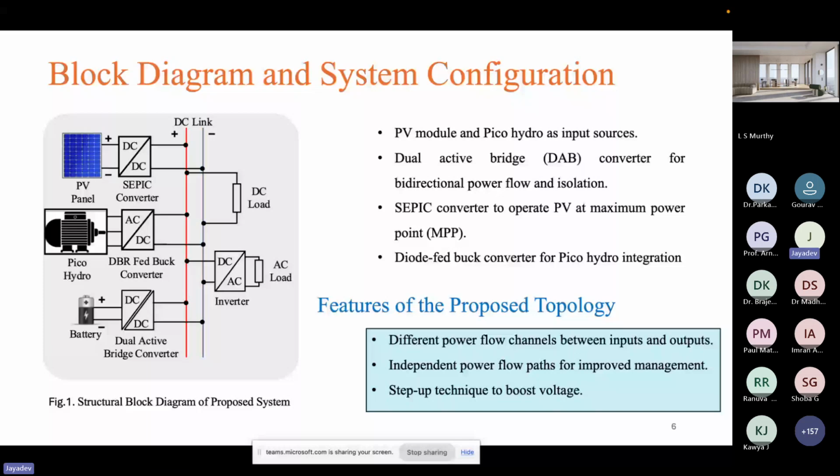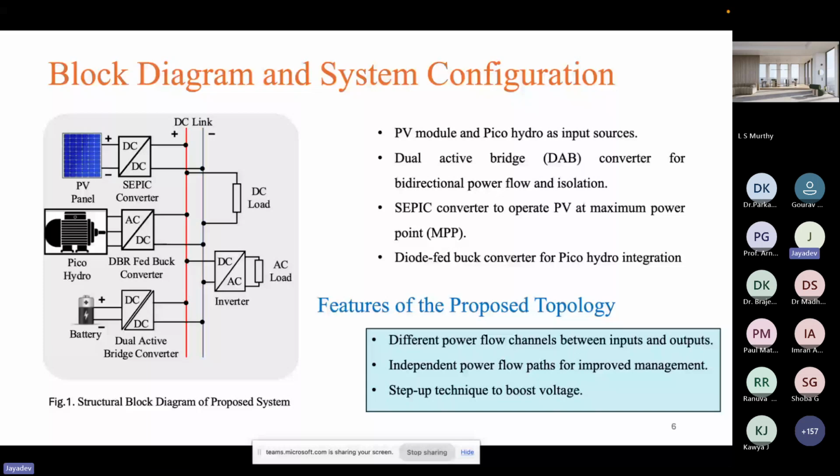That configuration is good for low power rating. For high power rating, we need an individual converter to integrate each source. And here we are using a DAB converter to integrate the battery or storage system.